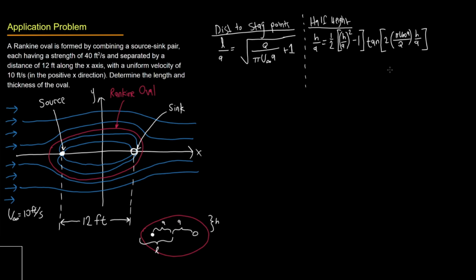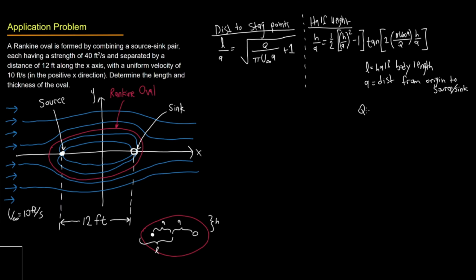You may be saying, what in the world do all these letters mean? Well, I will define them for you. L is the half body length. Pardon my disgusting handwriting. A is the distance from origin to the source or sink.